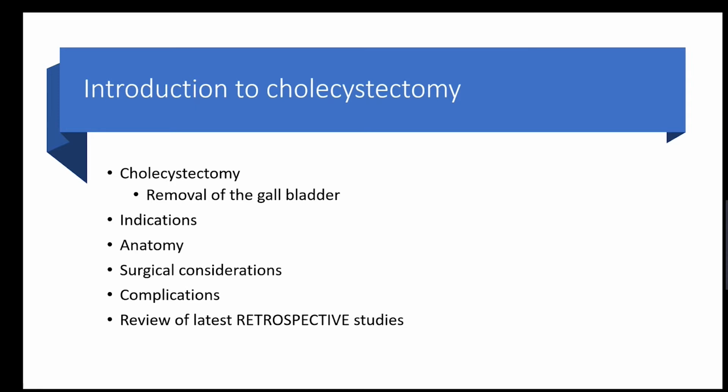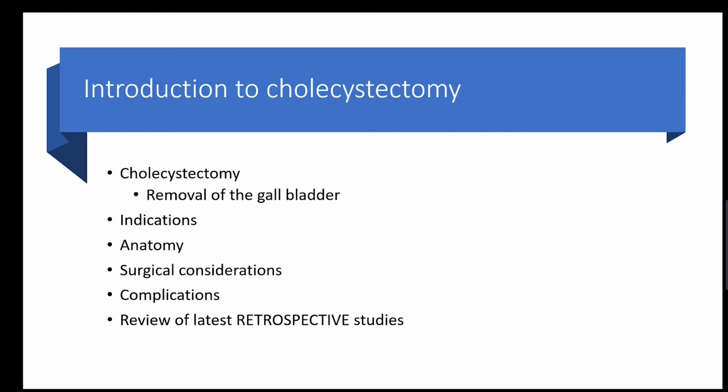So just a really quick background on surgery of the gallbladder when it's indicated, and a brief photo of anatomy just to remind everyone what's involved with considerations anatomically. The regional anatomy is important in surgical considerations and complications that may happen during or after surgery.